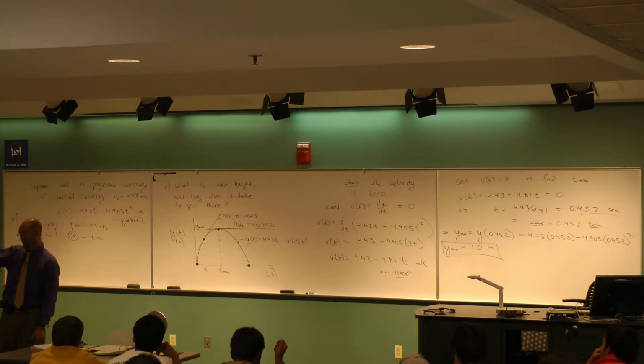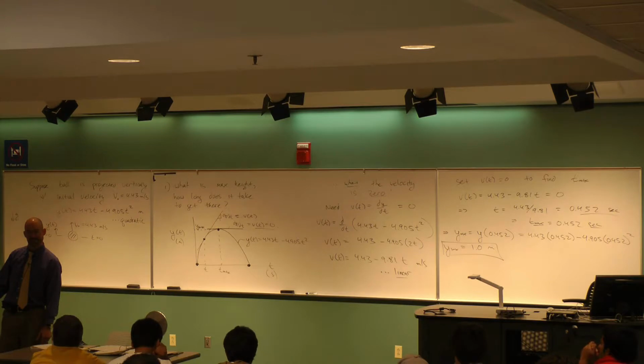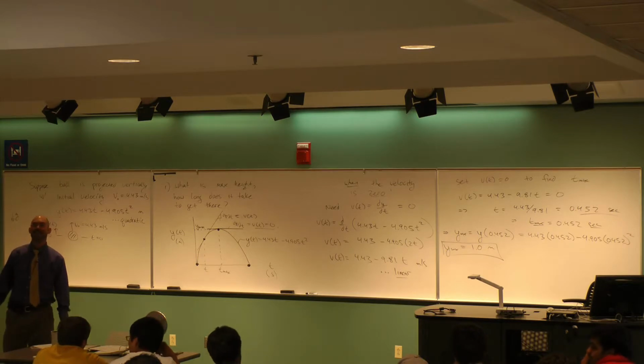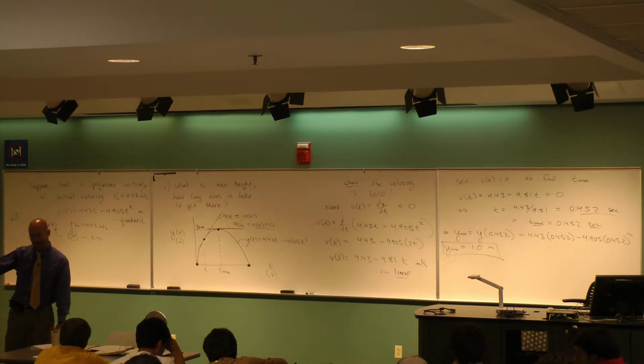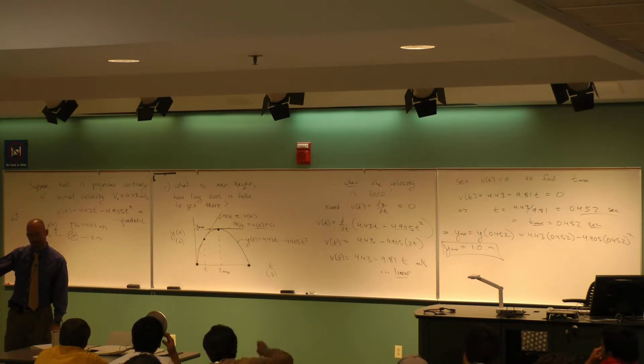So you're getting warm. It's not the starting point. What is it? Go ahead. In the last one, the final velocity was 4.43. Was not the impact speed in this problem 4.43?